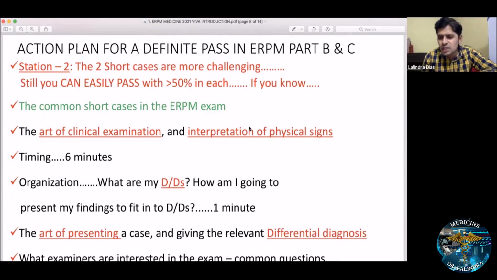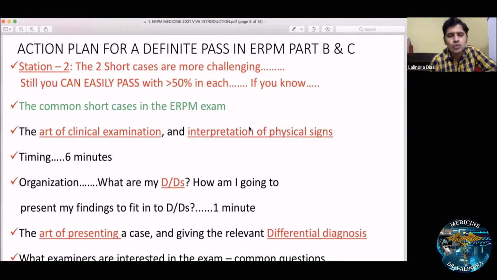Timing is usually 6 minutes, though they give you 7 minutes. So you try to finish it in 6 minutes, and organize your thought process and your differential diagnosis in about half a minute.